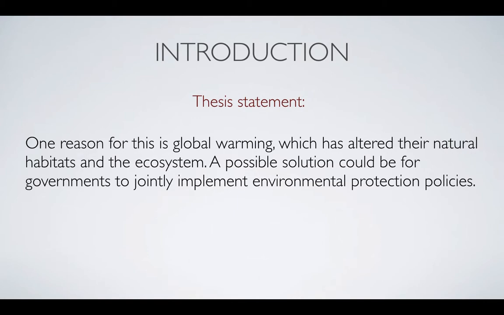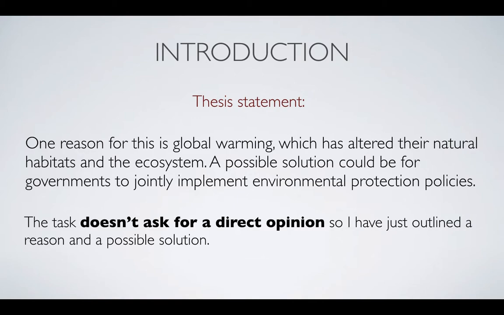And a possible solution could be for governments to jointly implement environmental protection policies. Now, the task doesn't ask for a direct opinion, so I've just outlined a reason and a possible solution. As you can see here, one reason for this is, and a possible solution could be. So I've just chosen one reason and one solution. That will be fine.